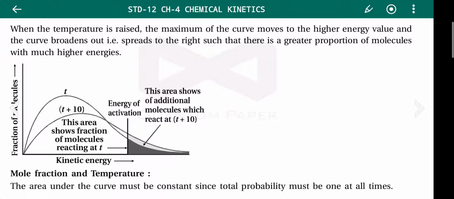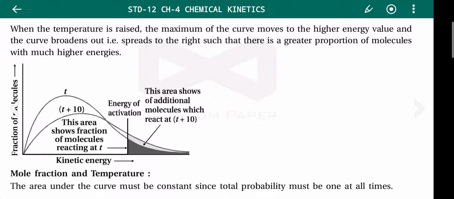In this graph, you can clearly see that when the normal temperature is considered, the peak is high, and when we increase the temperature by 10 degrees Celsius, the graph will flatten out, or you can say the curve is broadened, which is denoted by T plus 10, and the area shows the additional molecules which react at temperature plus 10 degrees Celsius.